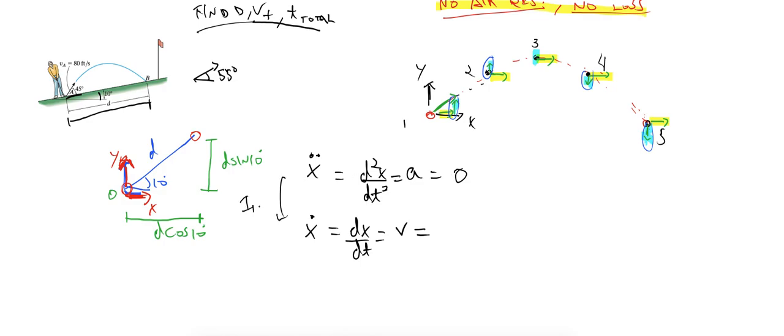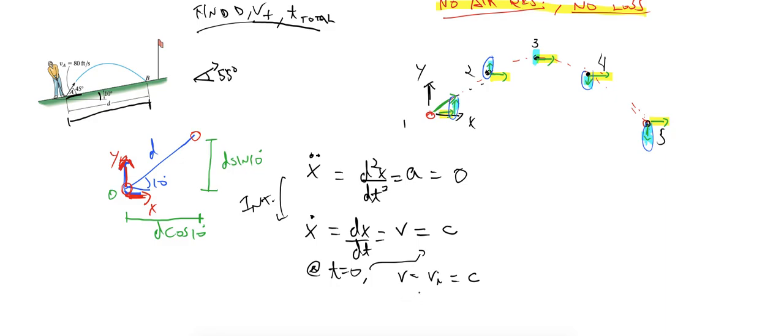When we integrate 0, we get a constant c. So when we evaluate that constant c at t equals 0, there's no t in this equation, so really the velocity v is going to be equal to the initial velocity, which is equal to c.